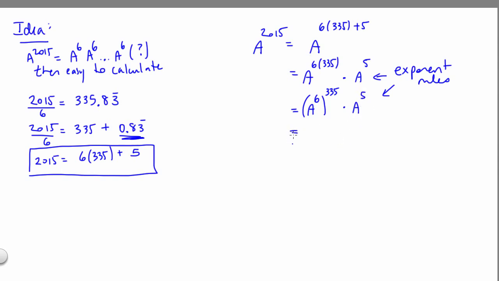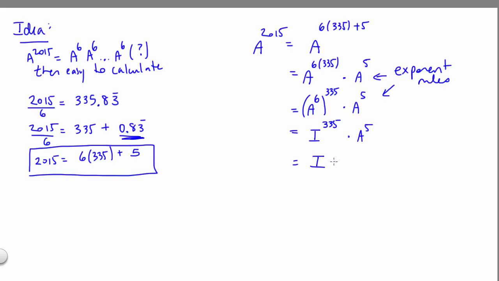Now, the reason why we're doing this is, remember, we said that a to the 6 is equal to the identity matrix. So we can now say this is I raised to the power 335 times a to the 5th. Using our first property about the identity matrix, when you raise it to any power, you're getting back the identity matrix.